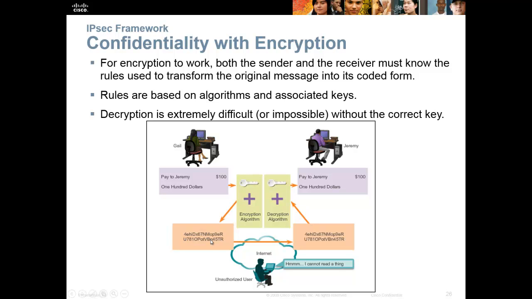We call that hashing. When we change the plain text into a bunch of gobbledygook, we hash it. And then when it goes across the internet and it gets to Jeremy, it still looks like that. So if somebody were to intercept those packets and make a copy of them, he theoretically wouldn't be able to read anything out of this. He would have to have your key to decrypt this correctly.